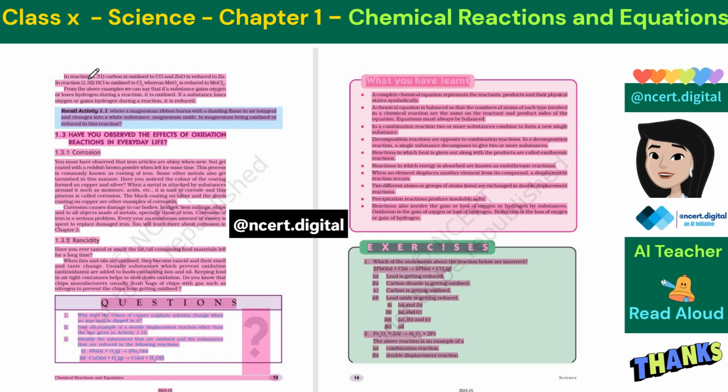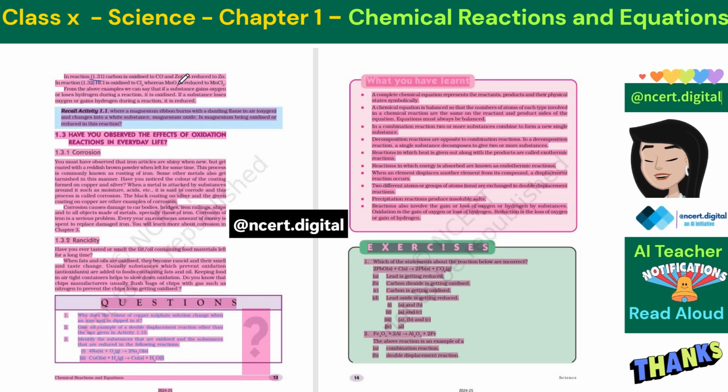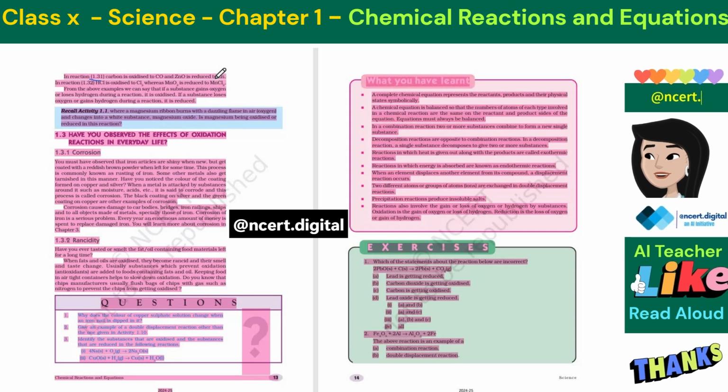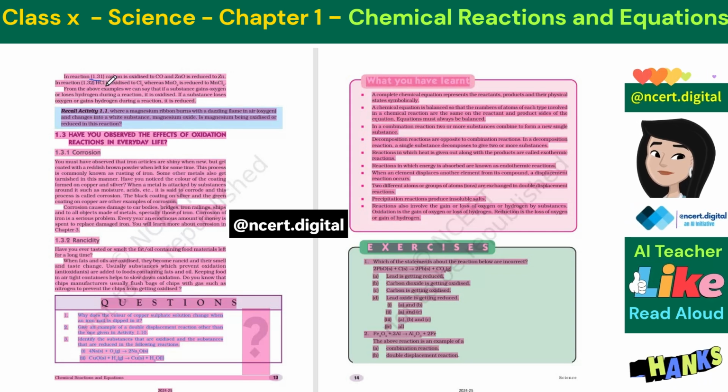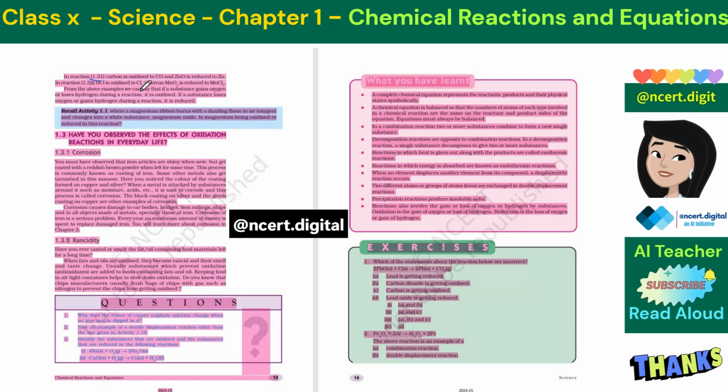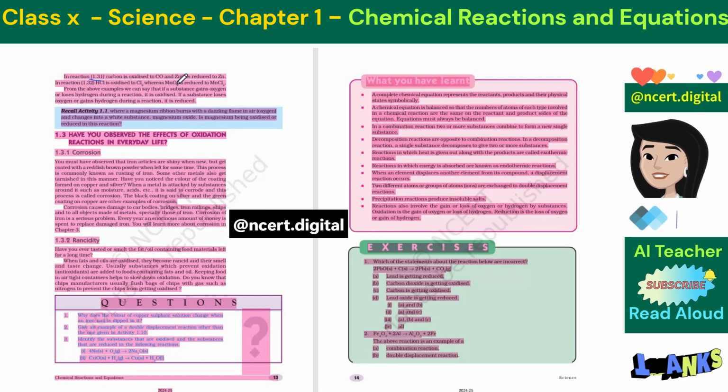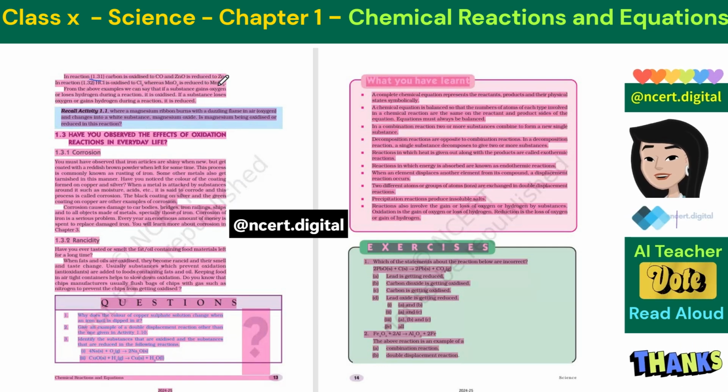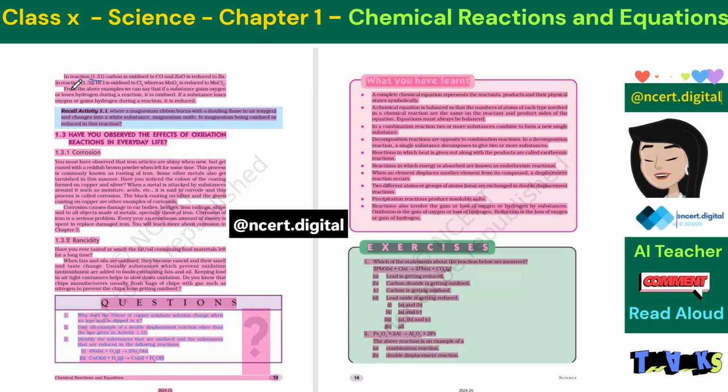In reaction 1.31, carbon is oxidized to CO and ZnO is reduced to Zn. In reaction 1.32, HCl is oxidized to Cl2 whereas MnO2 is reduced to MnCl2.